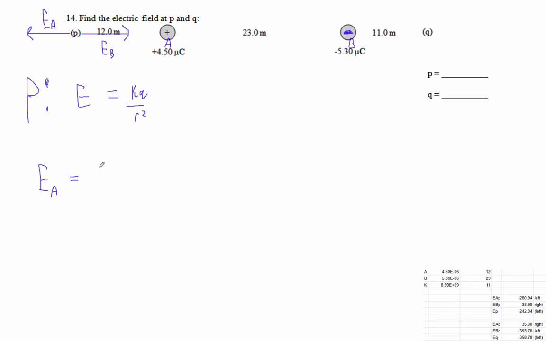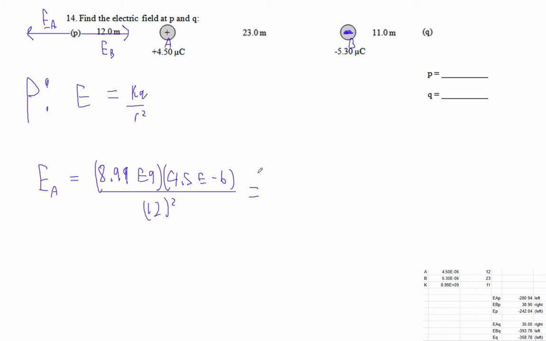So A is going to be 8.99 E9, and the E here just means times 10 to the, right? A is 4.5, and then micro is E minus 6. And then our radius, our distance to A, is 12. Don't forget to square that.